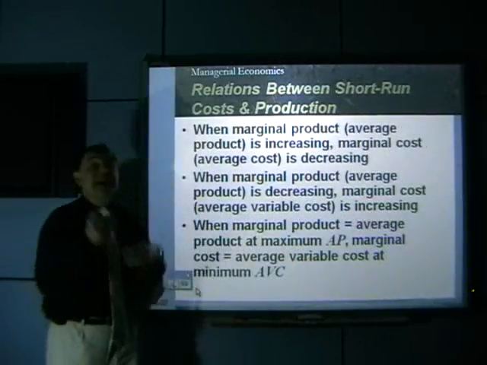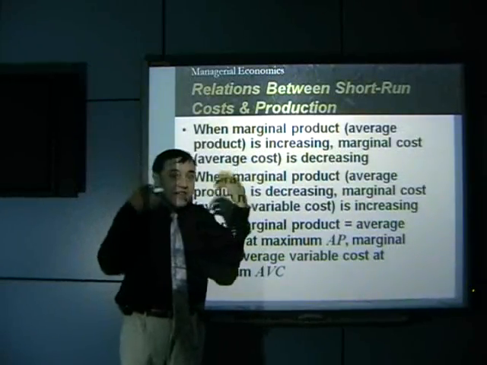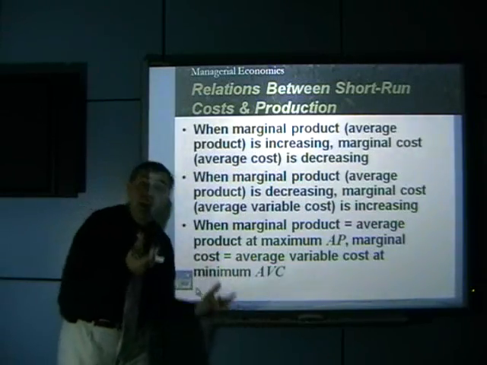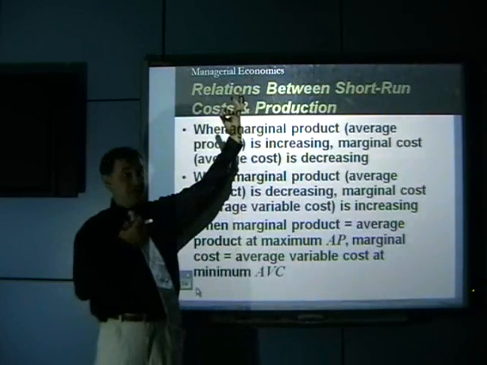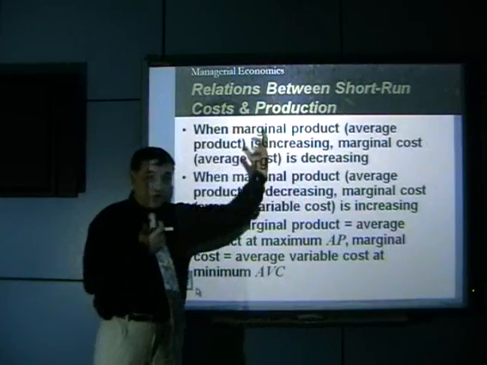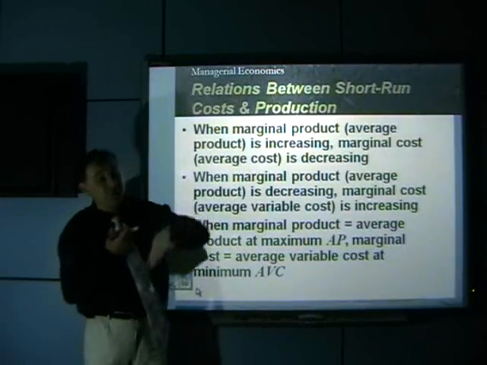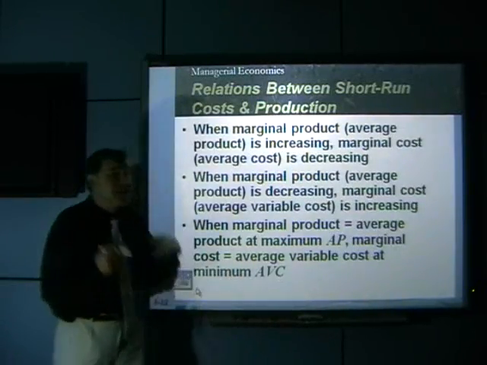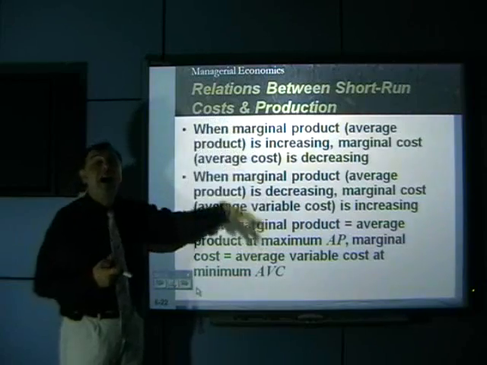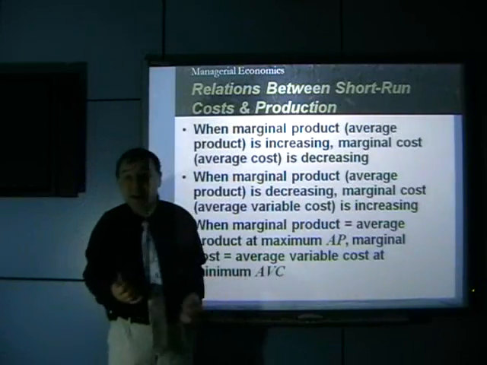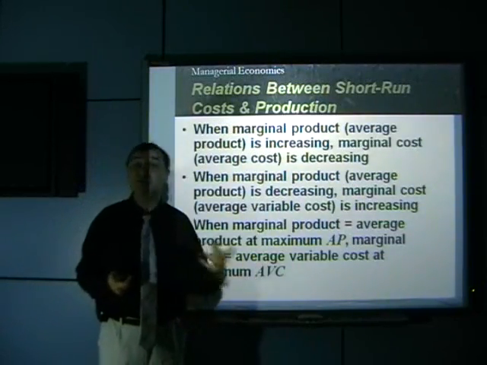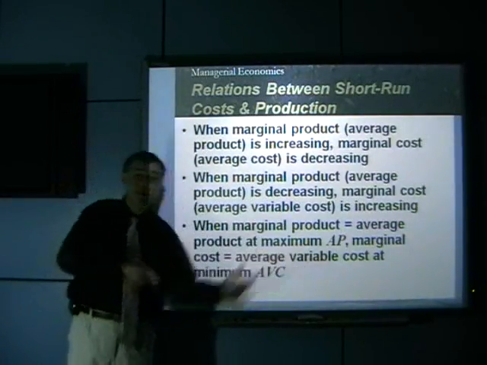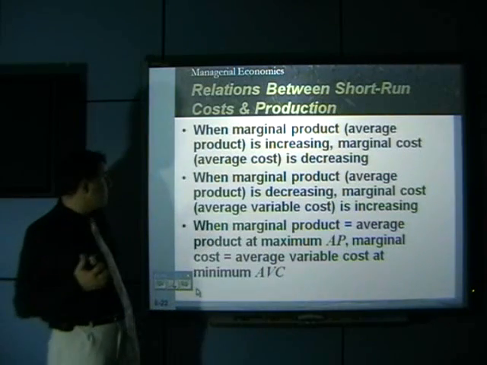In other words, you can think of efficiency in two equivalent ways: as rising productivity or average product, or as falling costs. These two concepts are identical because they represent the economic concept of efficiency. One is looked at from the output point of view, the other from the cost point of view.